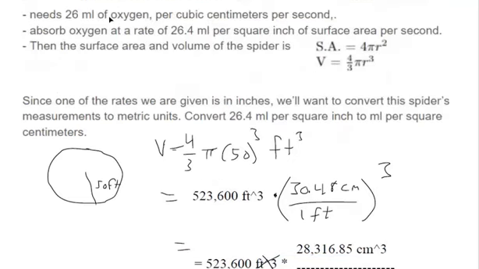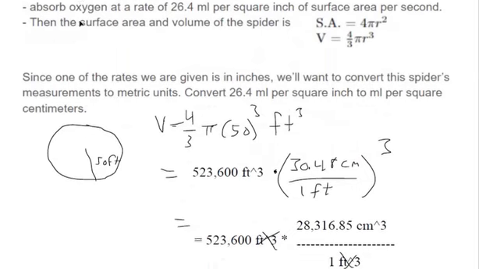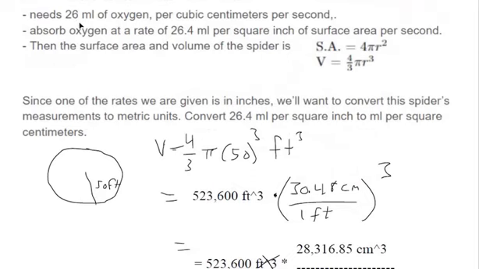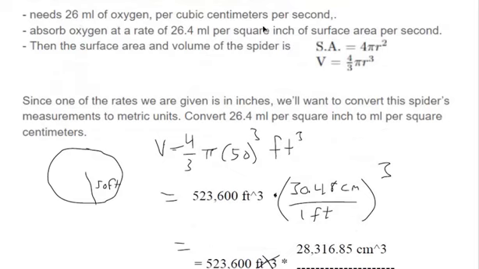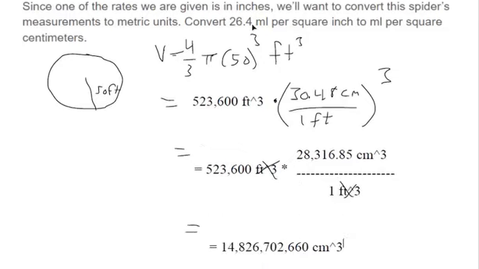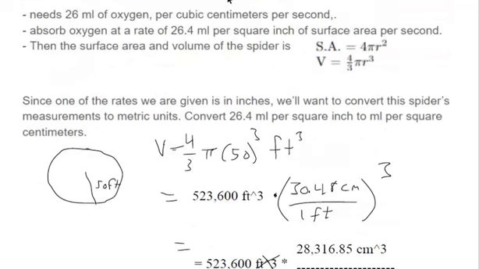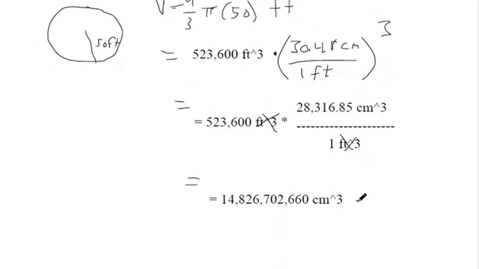Okay, and then up here it says for every 1 cubic centimeter, we need 26 milliliters of oxygen. So if we take 26 milliliters, we want to multiply to make the cubic centimeters cancel. This is 26 milliliters per 1 cubic centimeter, it tells us.